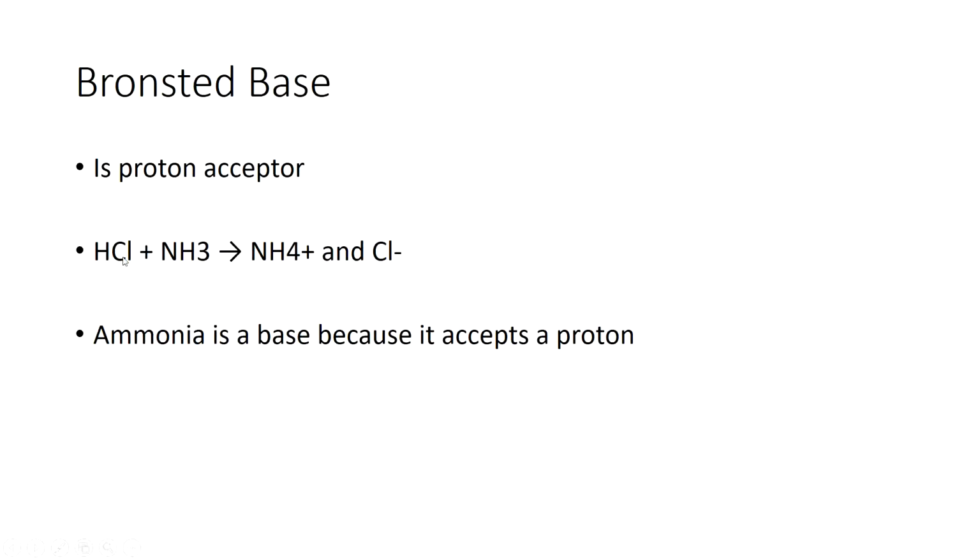So between these two substances in your reactants, HCl is an acid because it has donated the hydrogen, and then ammonia becomes your base because it has accepted that hydrogen, forming NH4. I hope that is clear, right?